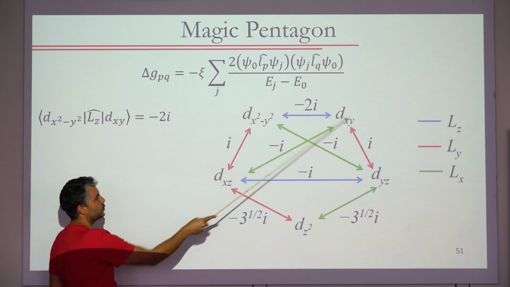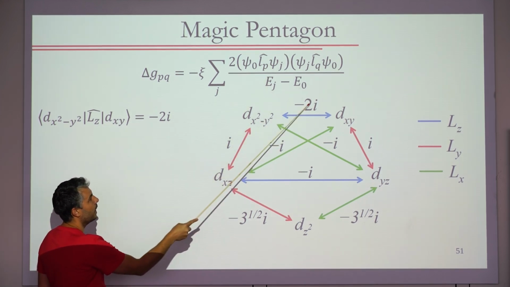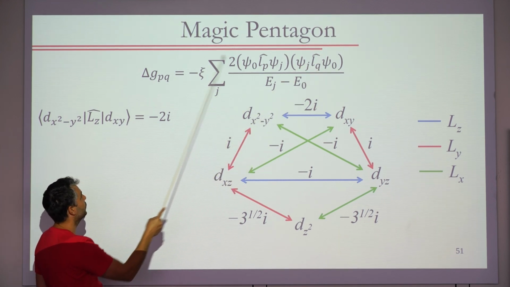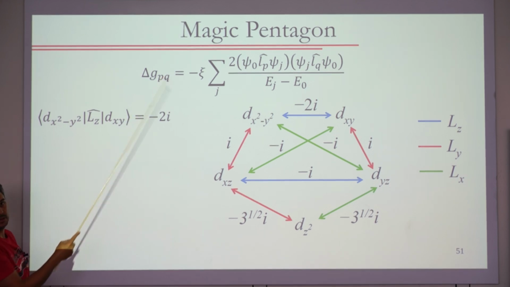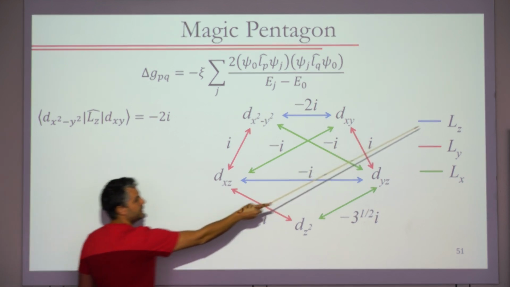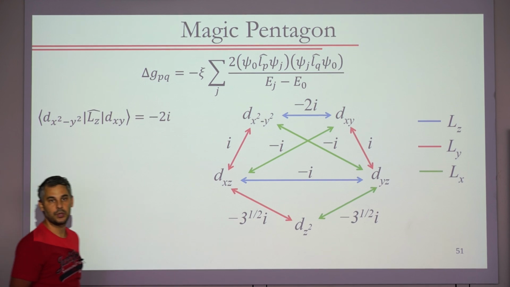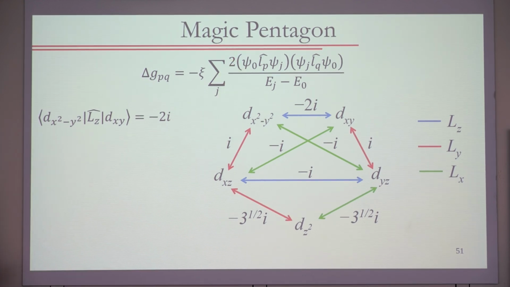If you couple xy and x squared minus y squared, you put here a minus 2i, and then here you can put also minus 2i for a certain value that would be, I don't know, the G z component, and then, yeah, Lz couples this, Ly couples this, etc. So you can use that to remember all the terms that go into this perturbation expression.